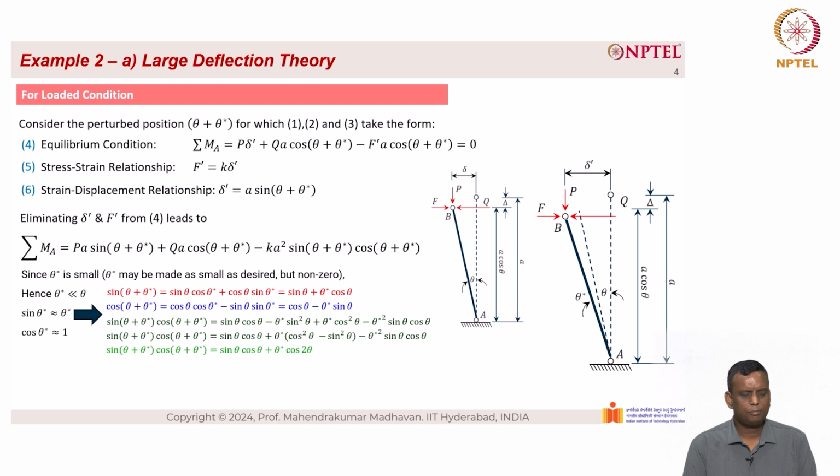So sin of theta plus theta star equal to sin theta cos theta star plus cos theta sin theta star. But we also know that for small values sin theta star equal to theta star and cos theta star is equal to 1, which gives you the equation sin of theta plus theta star equal to sin theta plus theta star cos theta.